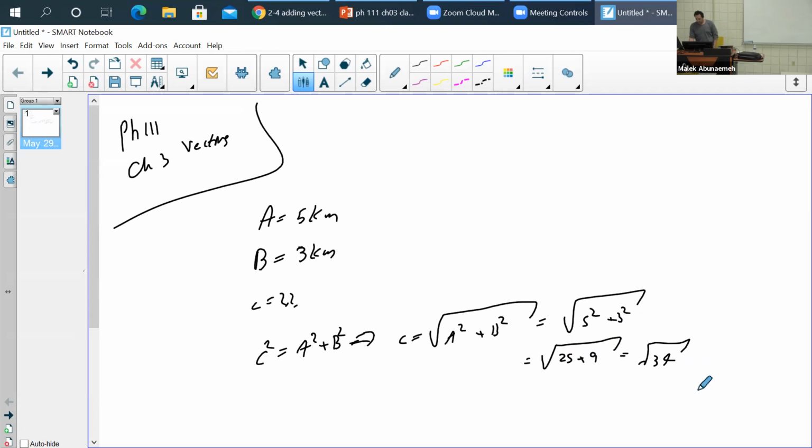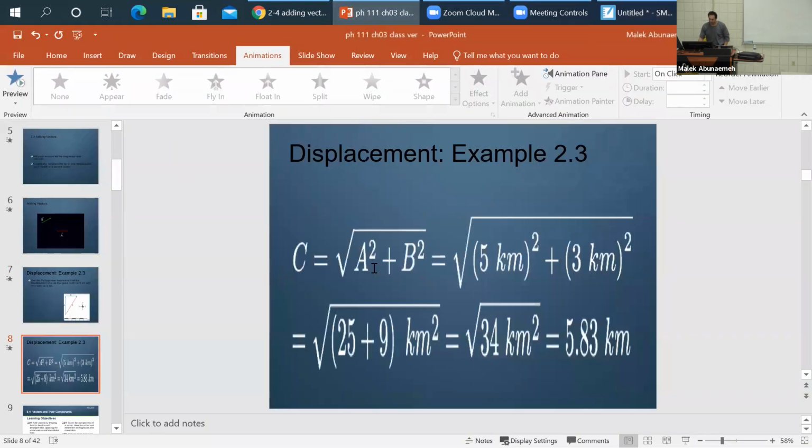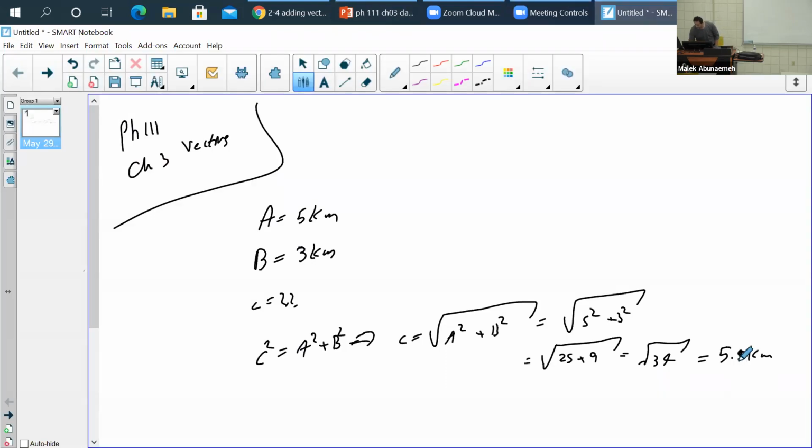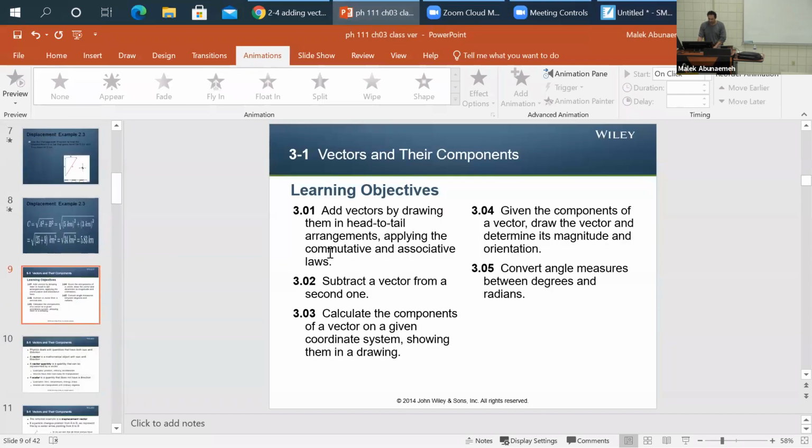Square root of 34, that means it's closer to 35, which is going to be almost 5.4 kilometers. Let's go ahead and check. Yep, 5.8 kilometers. I did this in my head. All right, 5.8 kilometers.